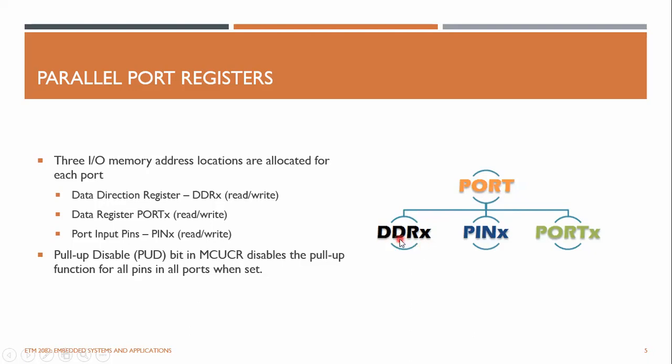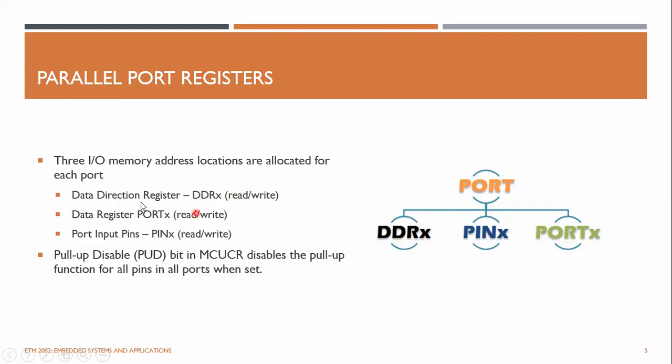A register is something like an 8-bit byte. So you can write a value to that byte. That is what is called a register. So 3 registers are there: DDRX, PINX and PORTX, right?